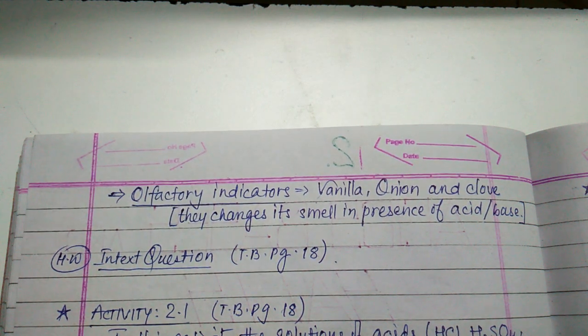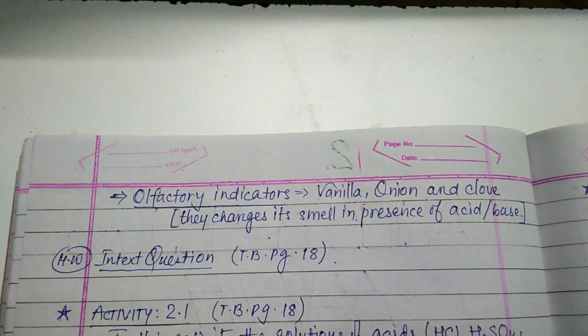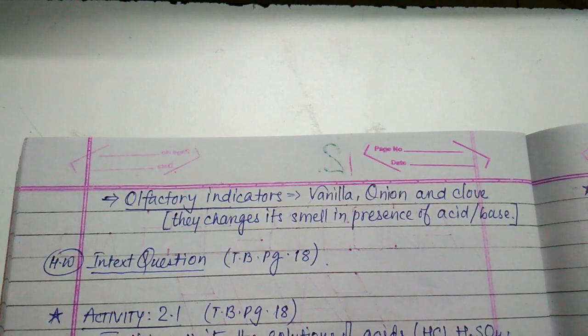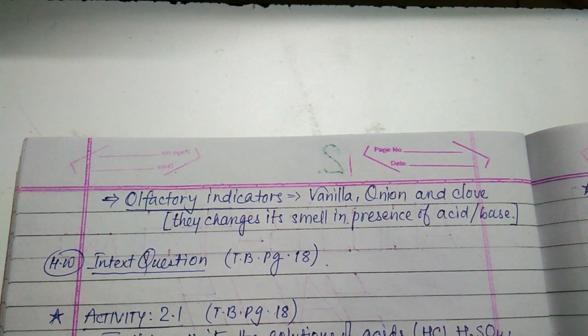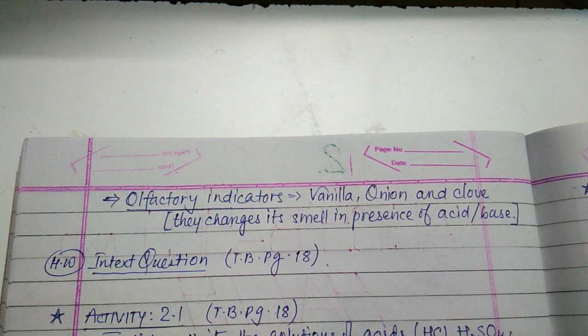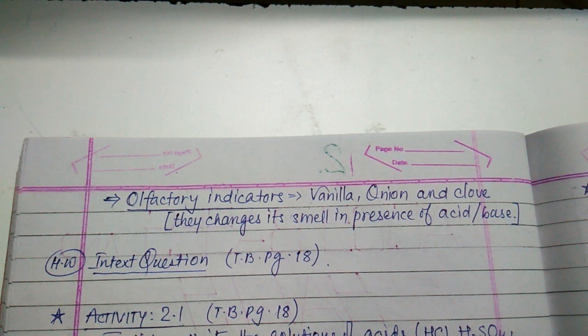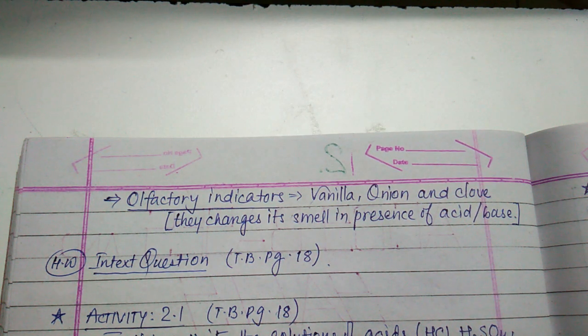And the third indicator is olfactory indicators: vanilla essence, onion, and clove oil, which change their smell in the presence of acid or base. With olfactory indicators, we identify acid or base by smelling.